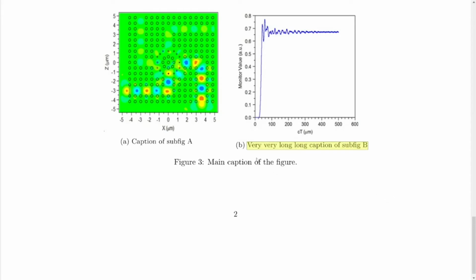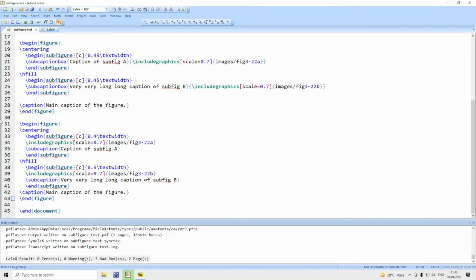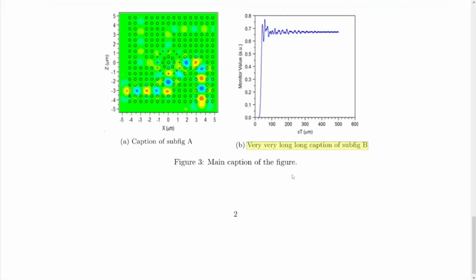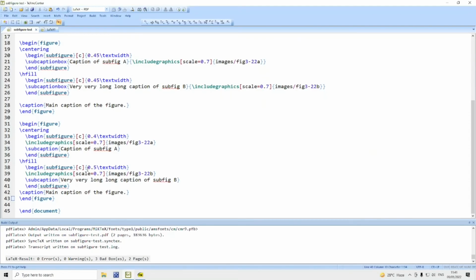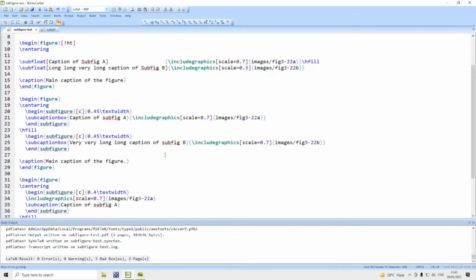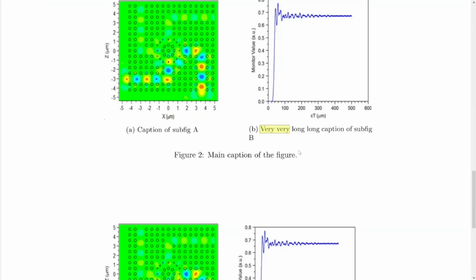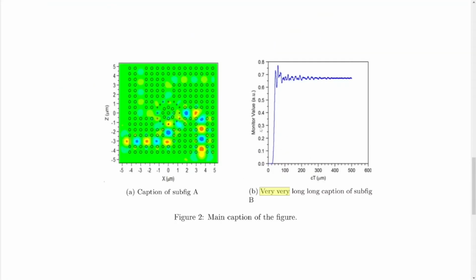Fundamentally, if you use the subcaption command, then the width of the caption is controlled by the width of the minipage. However, if you use the subcaption box command, the width of the subcaption is controlled by the width of the subfigure itself. That is the difference between these two.